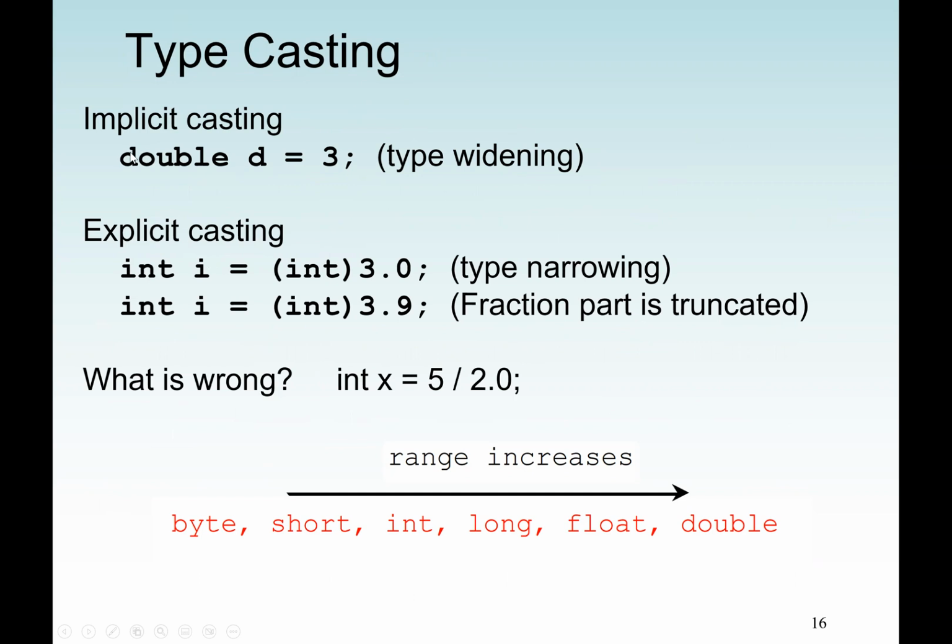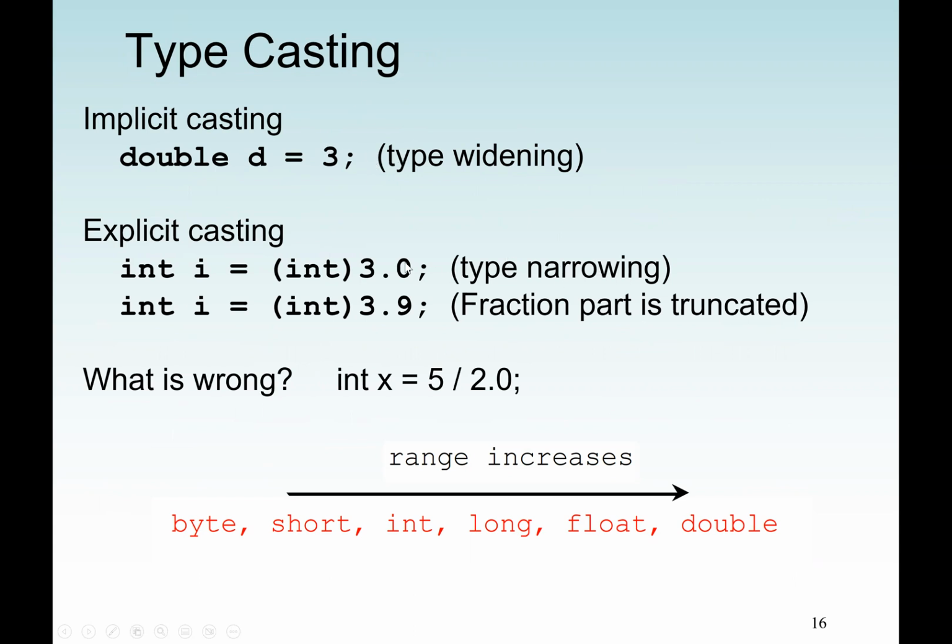So for example, here we have double D equal to 3. We assign 3 to a variable named D whose data type is double. This is called type widening, because since it's double and we assign 3, the decimal places are irrelevant, which means we gain more.